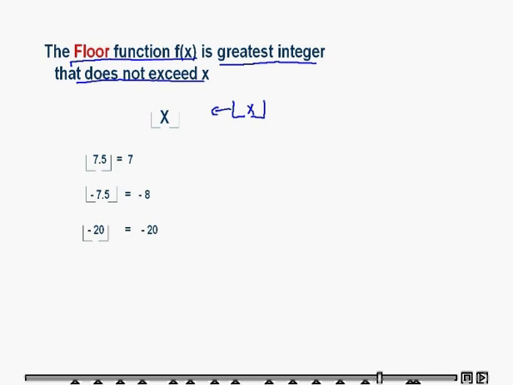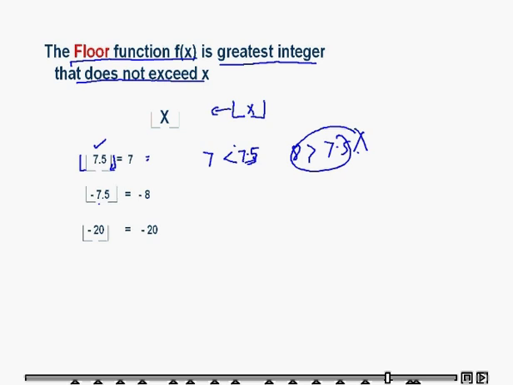Say we have a number 7.5, so we need to calculate the floor of 7.5. It is 7, because 7 is the greatest integer less than 7.5, because 8 is greater than 7.5.